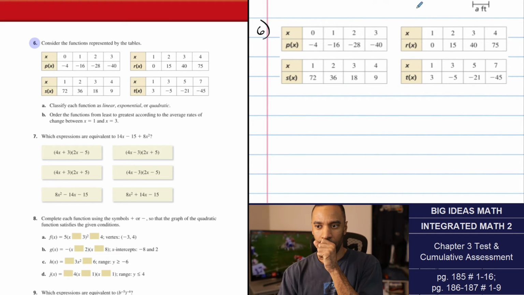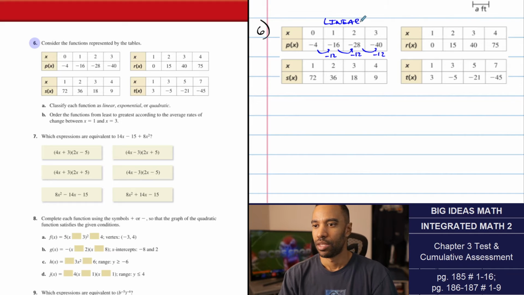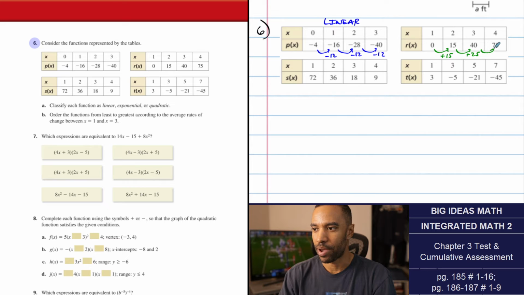Okay, the first one, P of x, seems to be subtracting 12 each time. That would make this linear. The next one, you add 15, then you add 25, then you add 35, which means those have a constant rate of plus 10 and plus 10.